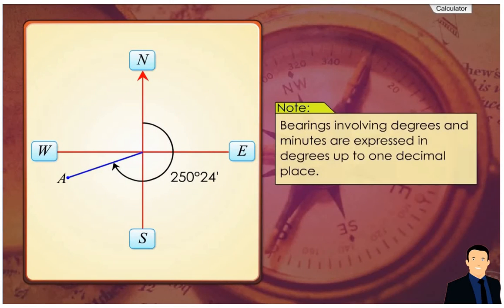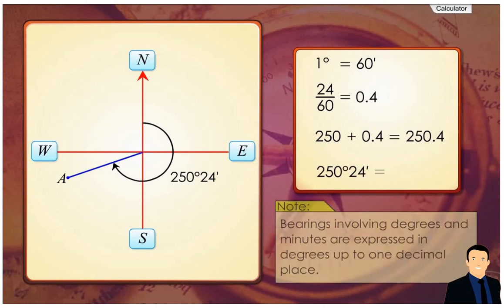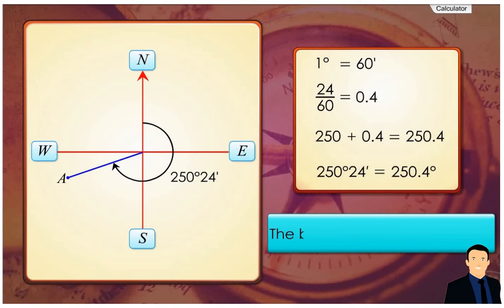Before we determine the bearing, we have to convert the minutes to degrees first. 1 degree is equal to 60 minutes. 24 divided by 60 is equal to 0.4. So, just add the 0.4 to 250 and we get that the bearing of point A is 250.4 degrees.